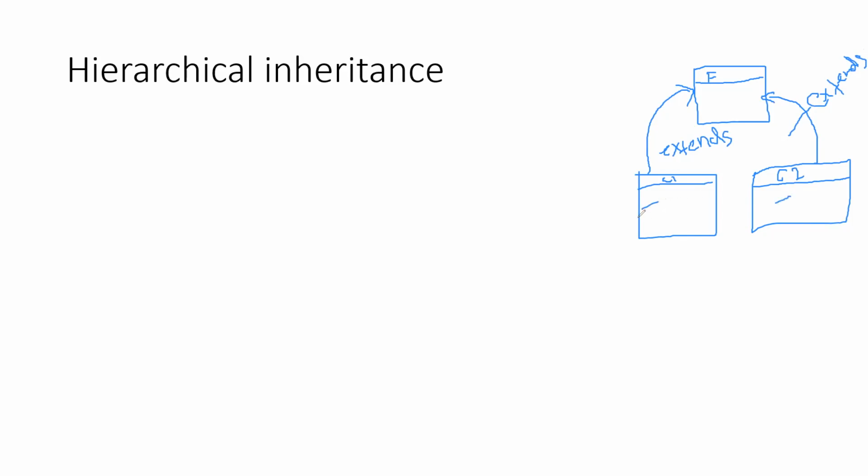Multiple subclasses inheriting the property from only one superclass is called hierarchical inheritance. Understood, guys? Yes, sir.